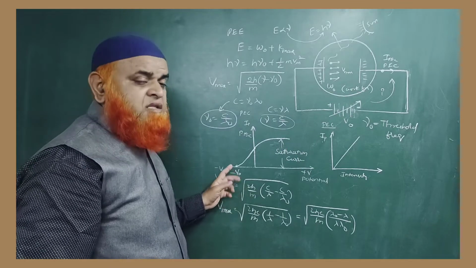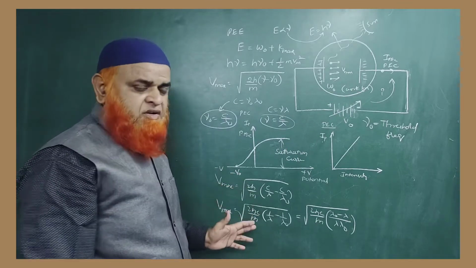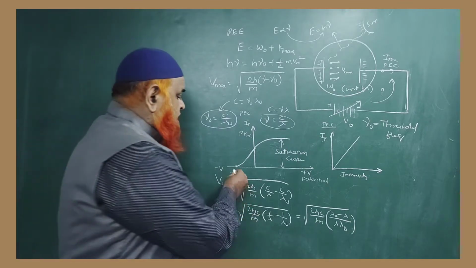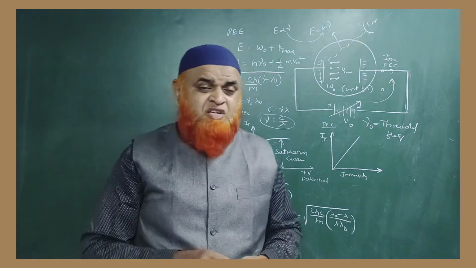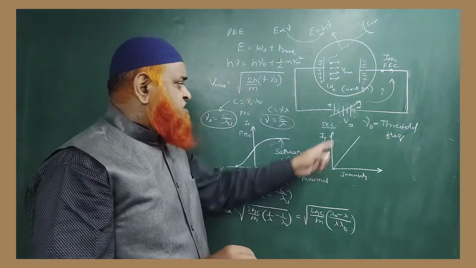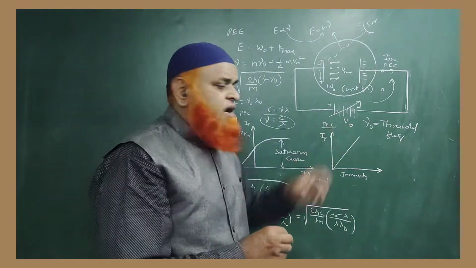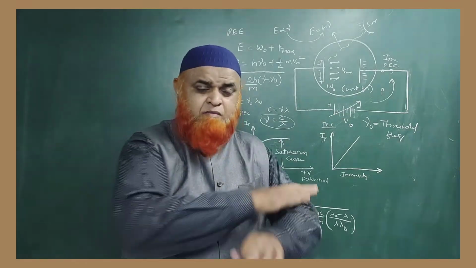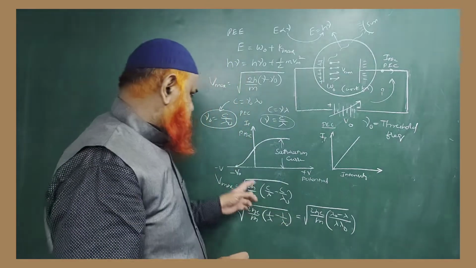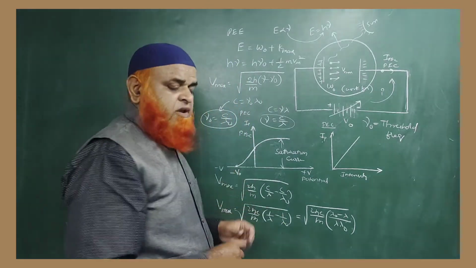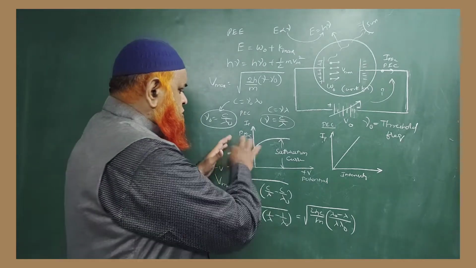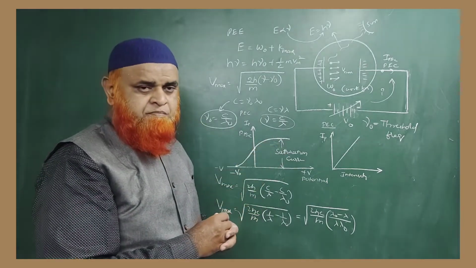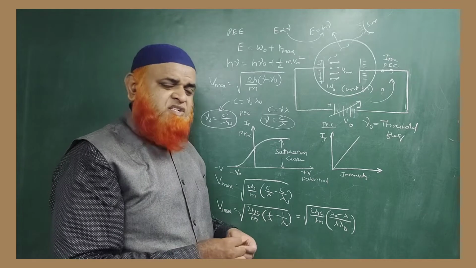So what is the meaning of stopping potential then? The maximum negative potential at which the photoelectric current becomes zero is called the stopping potential. Okay, so I think you have understood this graph also. Now let us discuss the next graphs here.